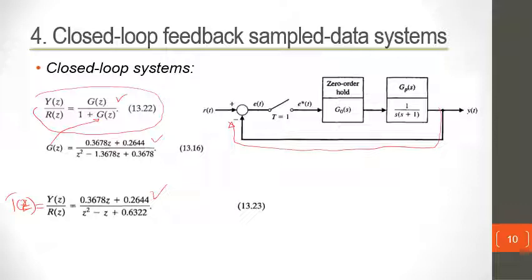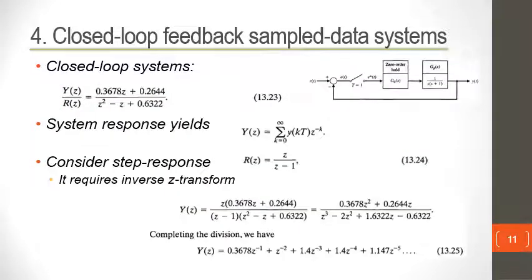In fact, I think later on we'll talk about how this is done. Now the closed loop transfer function is that, which means we can obtain, for instance, the system response from this closed loop transfer function. The system response would be Y of Z given the input R of Z, and then the Z transfer function should be like the coefficients.